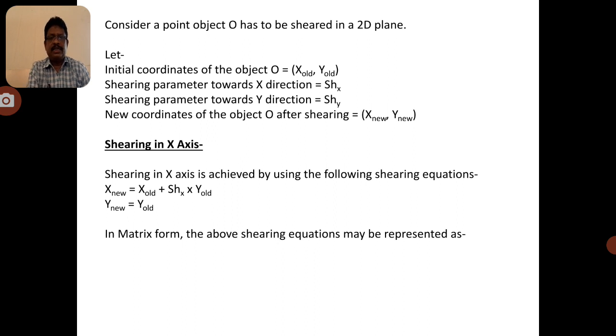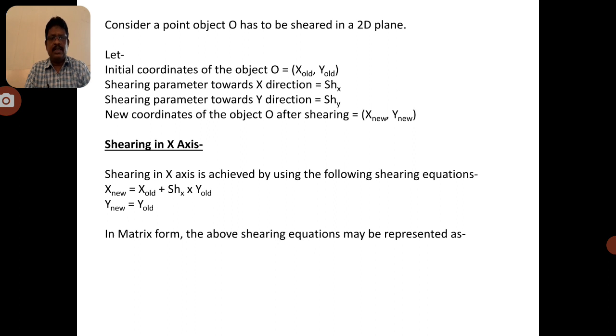When we take the transformation on the y-axis, the x-axis is idle. Now shearing in the x-axis: x new equals x world plus SHX into y world. You can observe that x world is already known, and SHX is the shearing on the x-axis, into y world, already known. We will find the x new value.